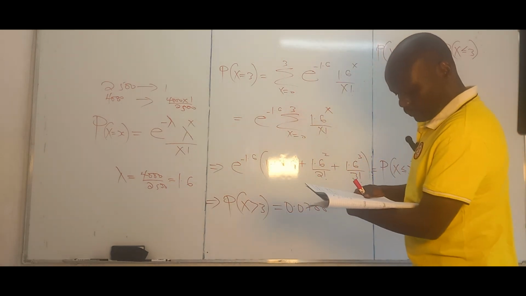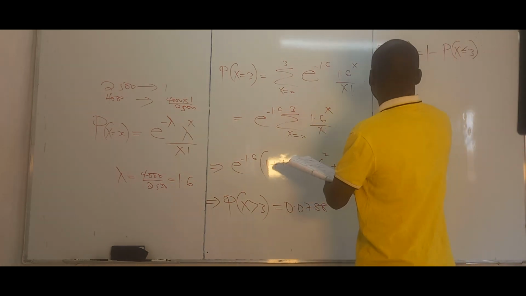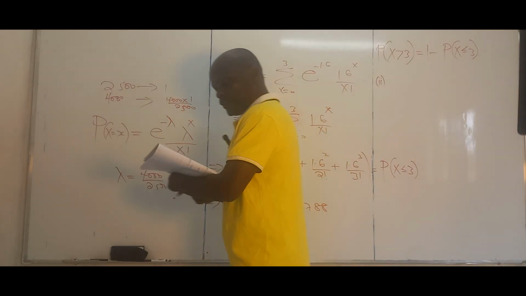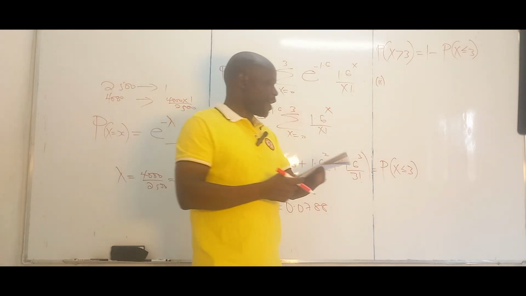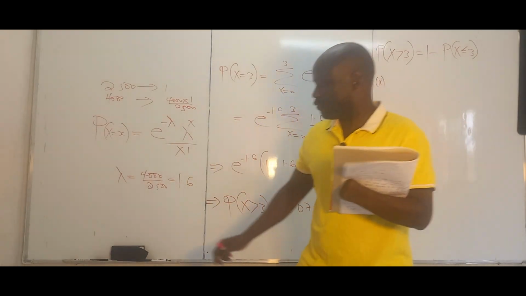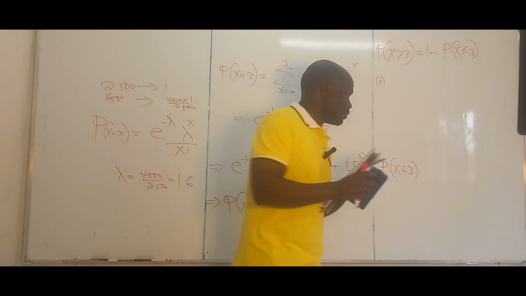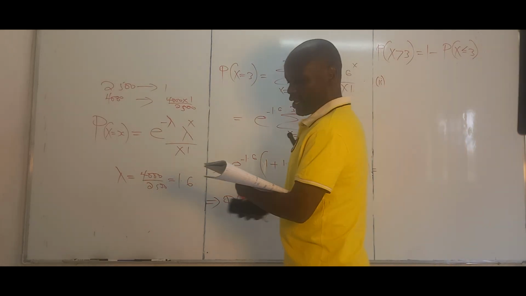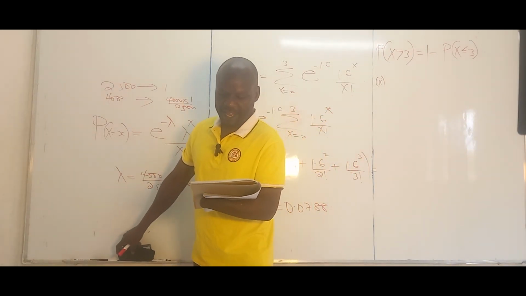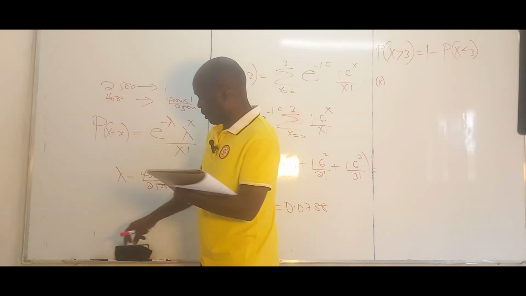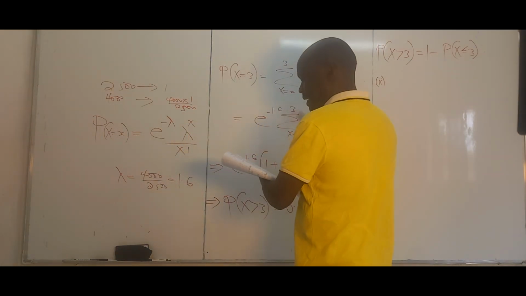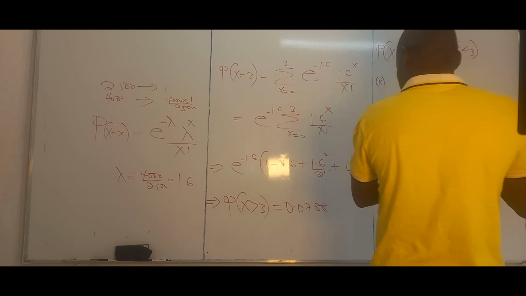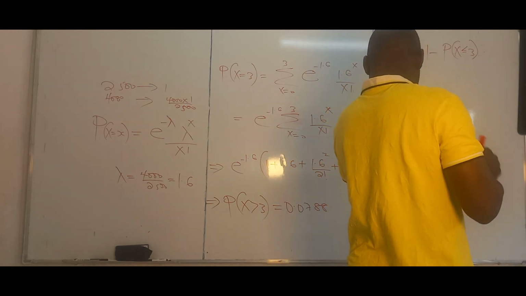So, part two. In a random sample of n people, where n is large, the probability that none has the condition is less than 0.05.